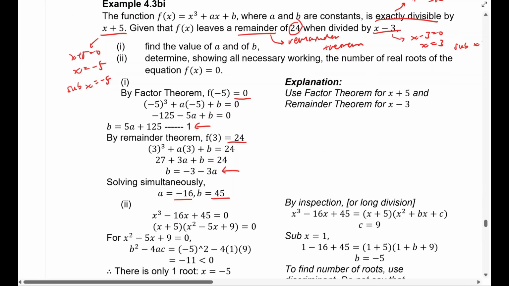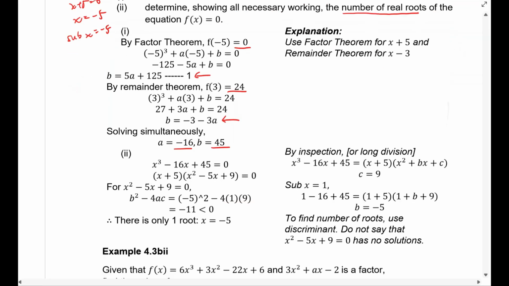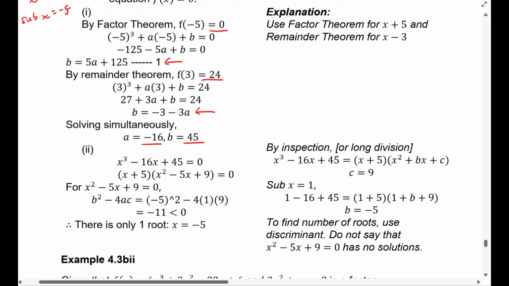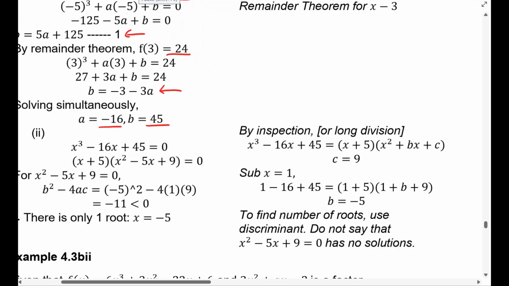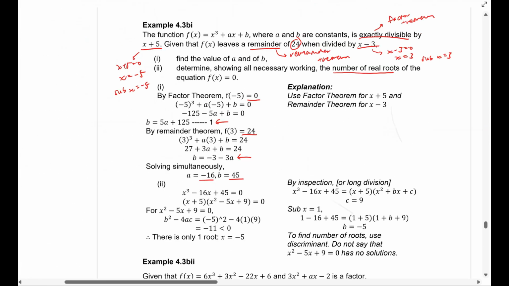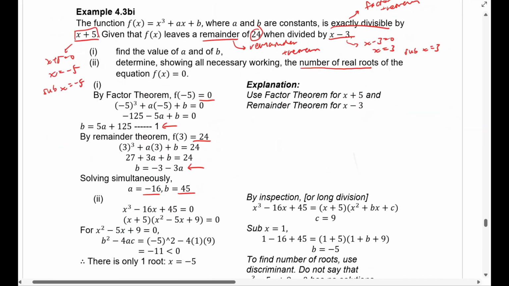Now the second part of the question, we are to show necessary working for the number of real roots of the equation. So if we are finding the number of real roots, the question is asking us to factorize the polynomial so we know how many roots there are. So if we go by inspection, we can look here first. We know that our first bracket will be x plus 5 because they told us that there's a factor of x plus 5.